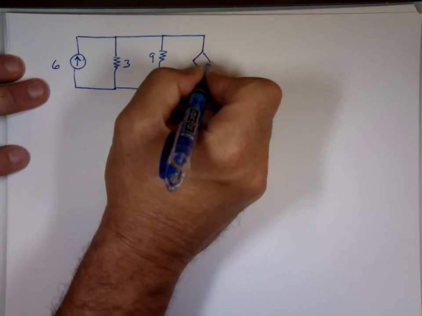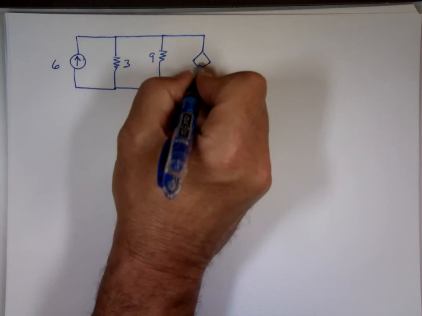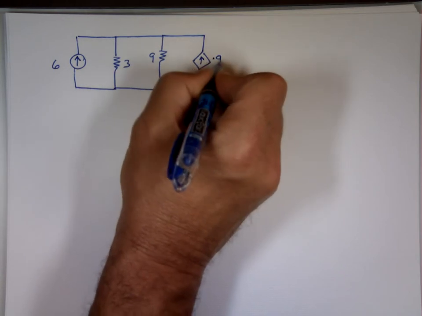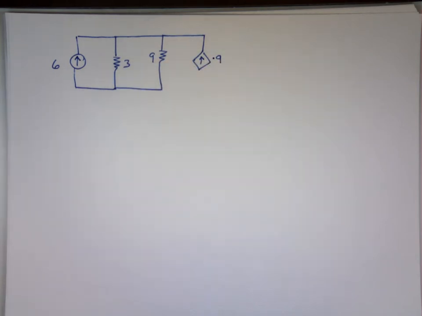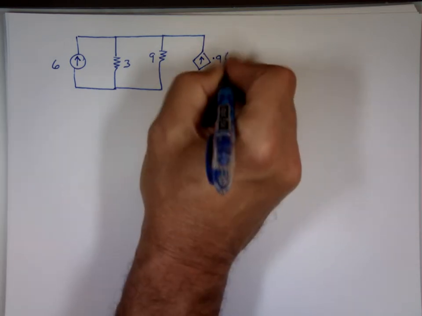0.9, they're killing me with these values. I sub 3. And I sub 3 happens to be this current.